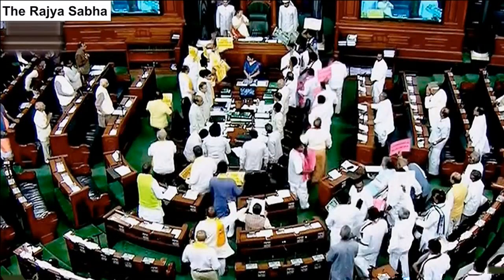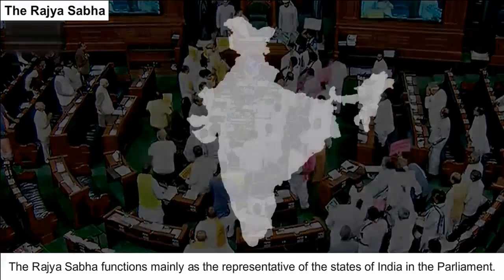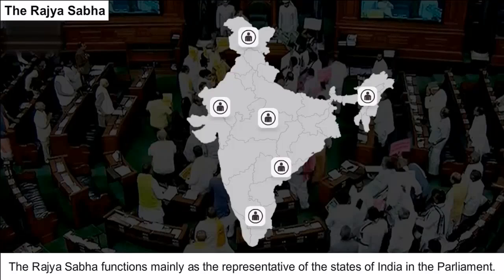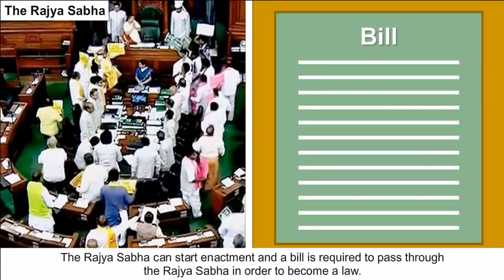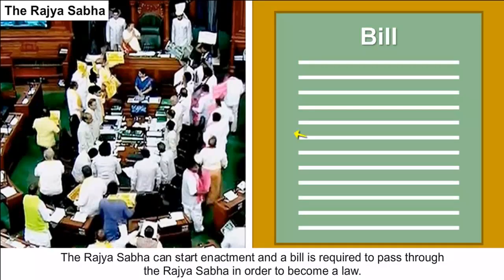The Rajya Sabha. The Rajya Sabha functions mainly as the representative of the states of India in the Parliament. The Rajya Sabha can start legislation and a bill is required to pass through the Rajya Sabha in order to become a law.